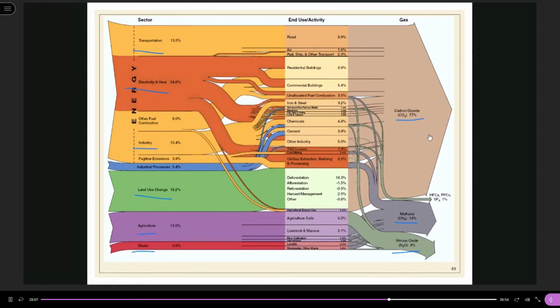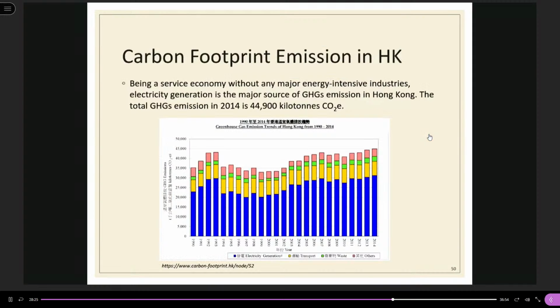So in Hong Kong, we all contribute to these activities, and they contribute to carbon dioxide, methane, nitrous oxide, or other kinds of greenhouse gas emission. By this kind of analysis, we can calculate the carbon footprint for Hong Kong people.